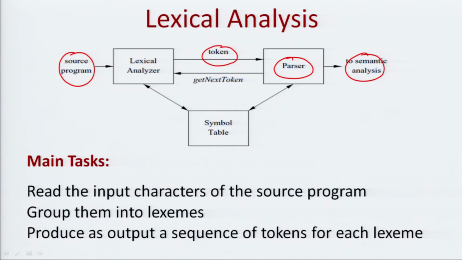After consuming the token, the parser requests the lexical analyzer to produce the next token using the command get next token. So, this is actually the command, or the function we can say, and using it the parser requests the lexical analyzer to produce the next token.